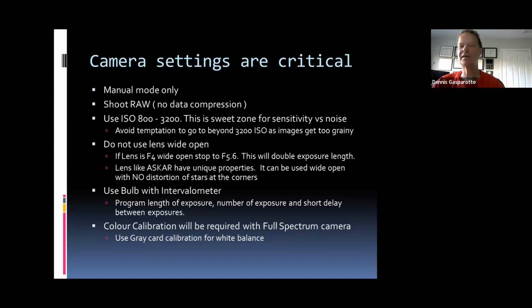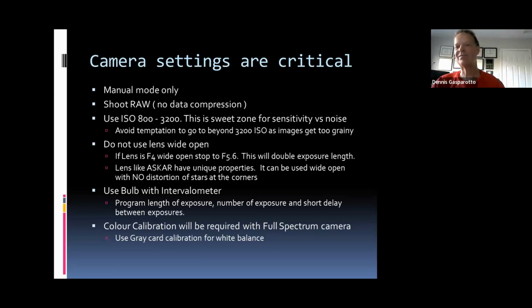Okay, so I'm saying here, do not use your lens wide open. But if you have a lens which is slower, in other words, an F ratio beyond 5 or 6, if you stop it down it's going to be way too long a focal ratio, and you're not going to get much recorded on that sensor for the time you take that shot.